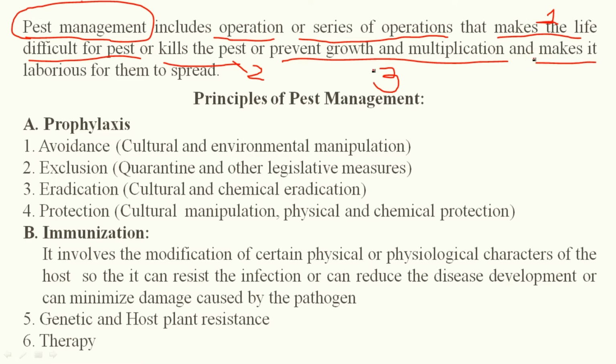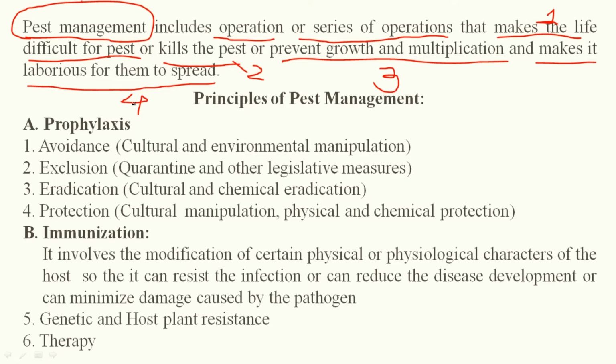The fourth point is to make it laborious for them to spread. This is the last and important one: not only do we have to stop them and stop their multiplication, we also have to stop them from spreading. Suppose they are at certain plant placements, they must be killed at that portion only. They should not spread to other parts.